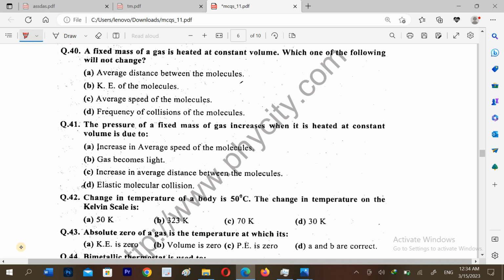Which one of the following will not change? A. The pressure of a fixed mass of gas increases when it is heated at constant volume is due to... A. Change in temperature of body is 50 Celsius. The change in temperature on the Kelvin scale is... A.